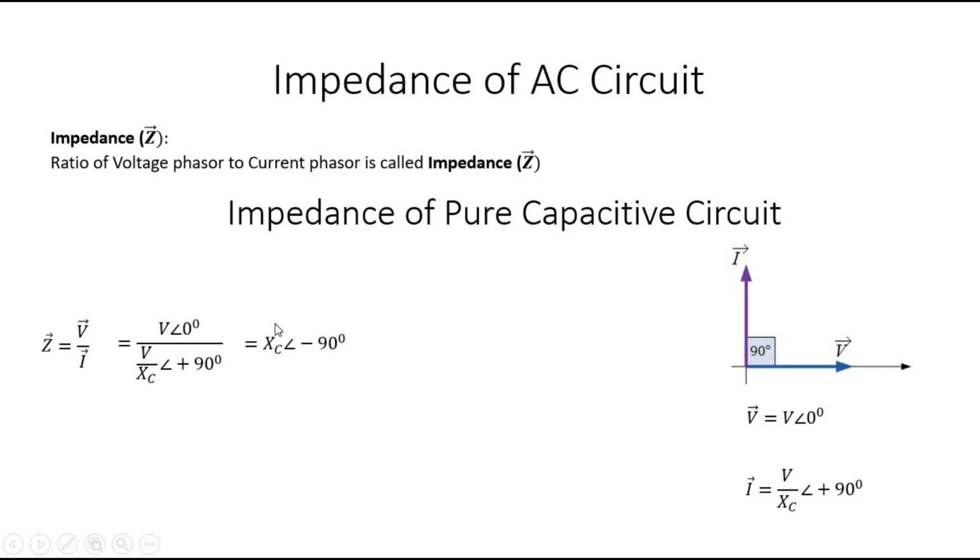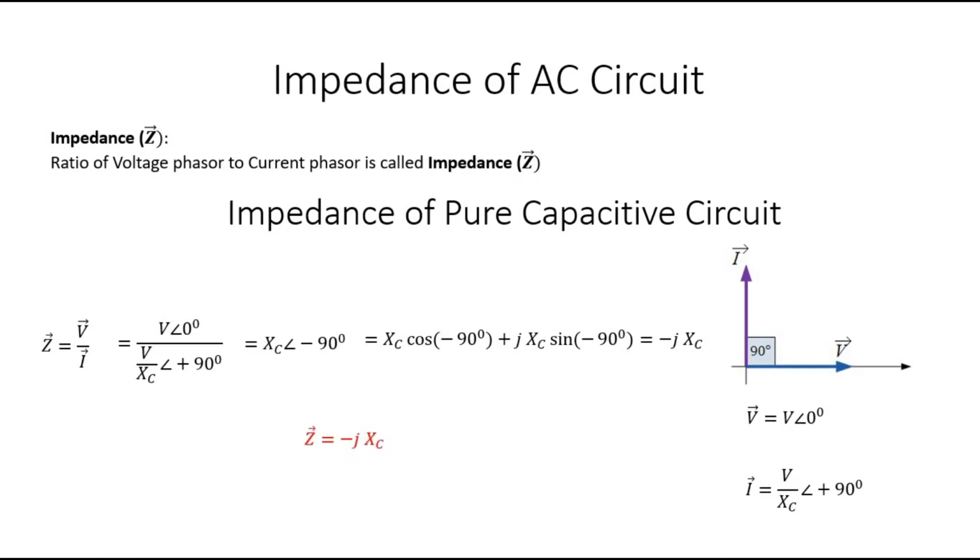So it becomes XC angle minus 90, that is 0 minus 90. If we convert it into rectangular form, XC cos minus 90 plus jXC sin minus 90. Since cos 90 is 0, this term becomes 0, and sin minus 90 is minus sin 90, which is minus 1. So minus jXC.